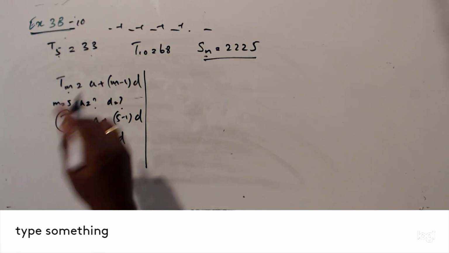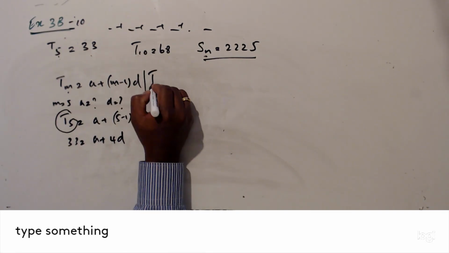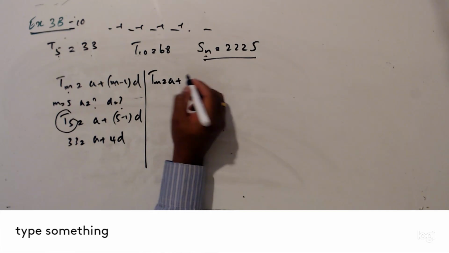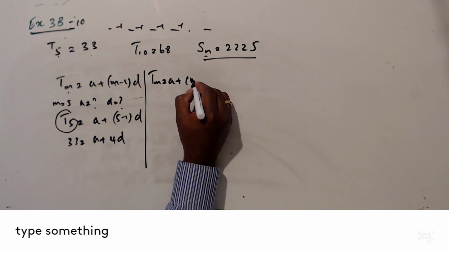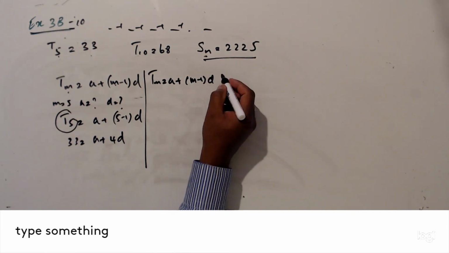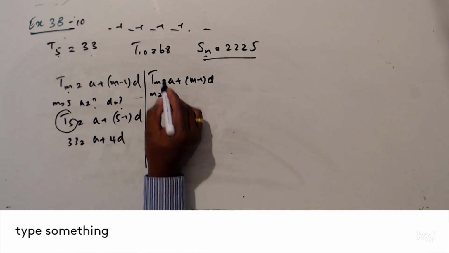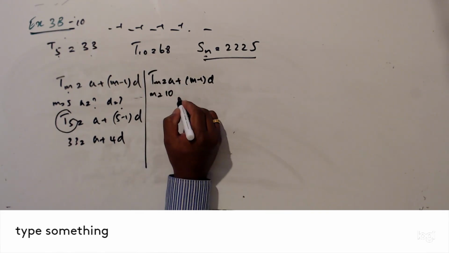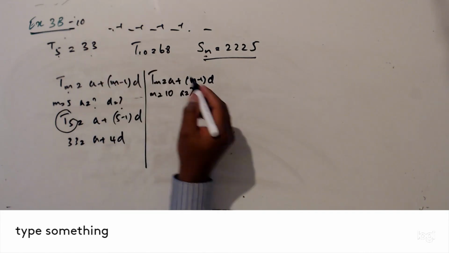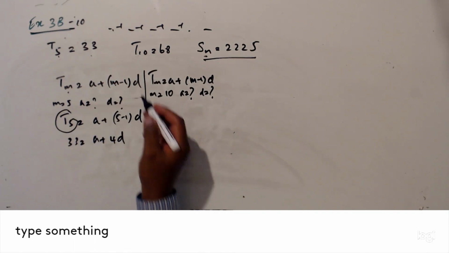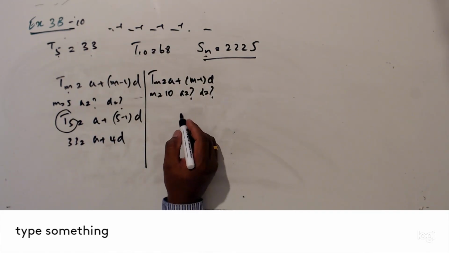The second one, the same thing. Tm equals a plus m minus 1 times d. Then m equals 10, the same a, the same d, the same series we are considering.